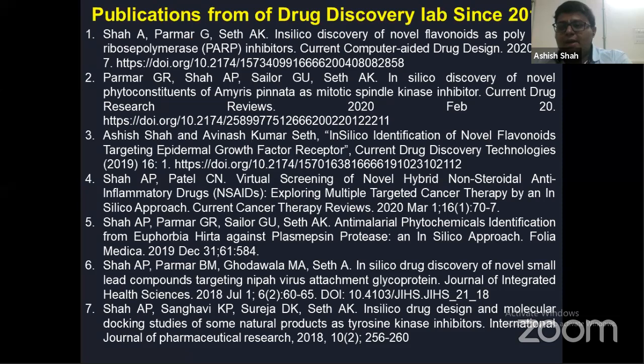These are some papers from Sumandip only. I have not put papers based on other institutes. We were able to publish these papers based only on in silico studies, in very reputed journals. So these are some papers from our department.